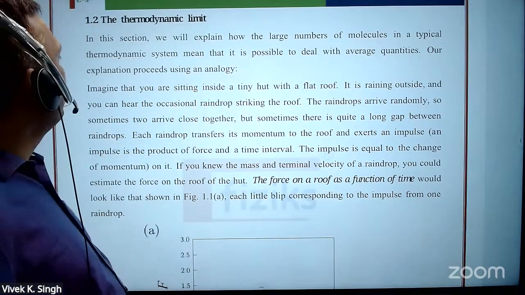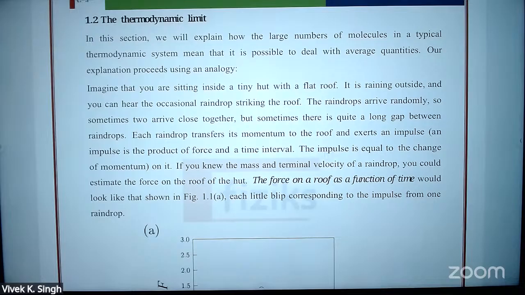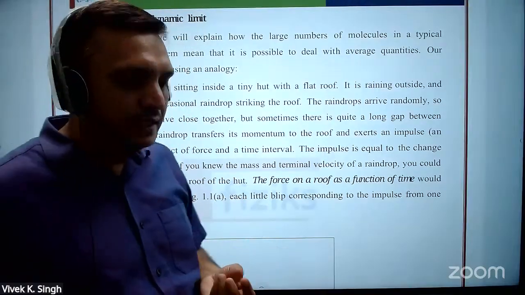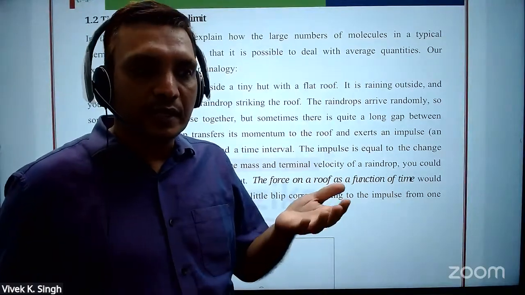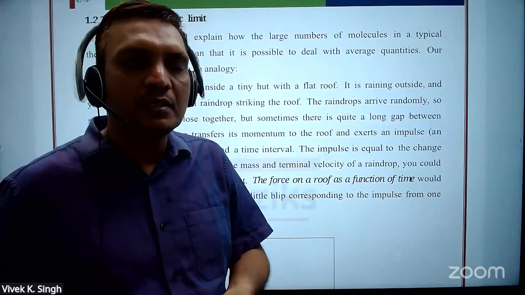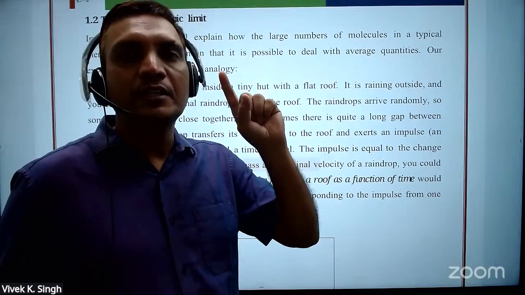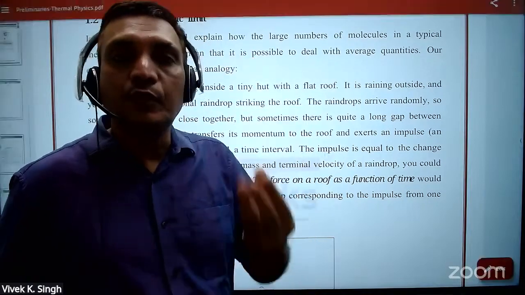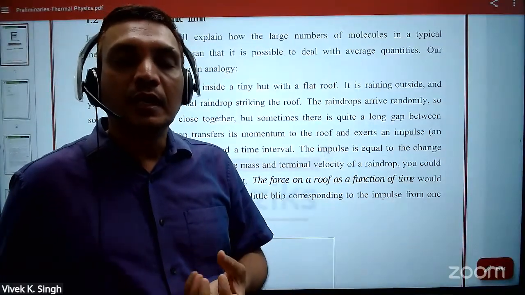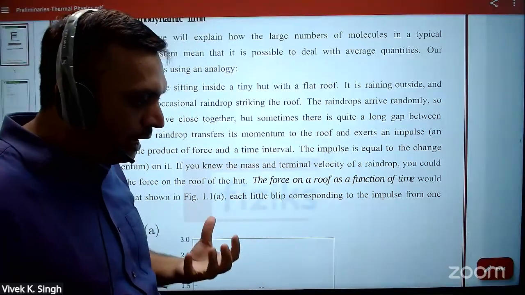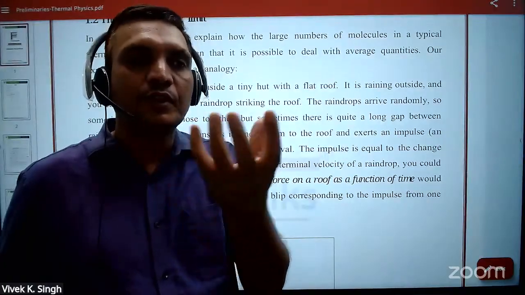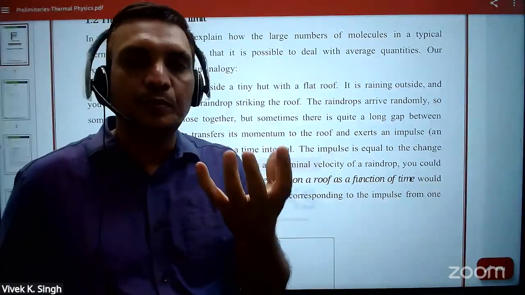A large number of molecules in a typical thermodynamic system means it is possible to deal with average quantities. If the number is very large, then you can deal with the average quantity, and with respect to that average, the fluctuation of any parameter is almost zero. In the limit n tends to infinity, that fluctuation is almost zero. That's why in thermodynamics we talk about the thermodynamic limit. Let's say you have confined 1 mole of a gas in a cubical container.